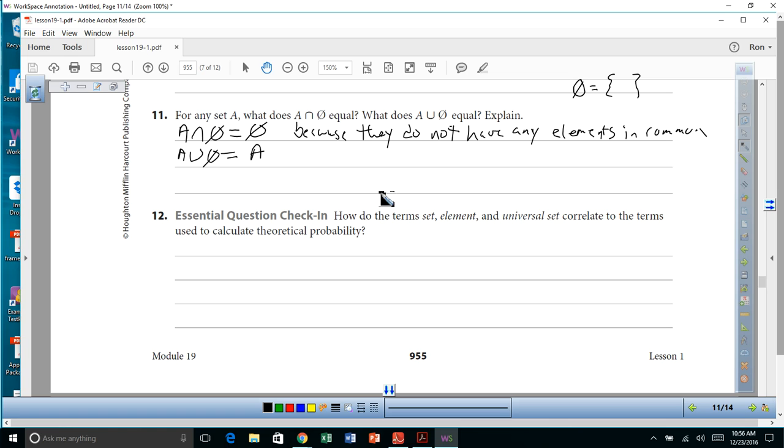Essential question check-in. How did the terms set, element, and universal set correlate to the terms used to calculate theoretical probability?